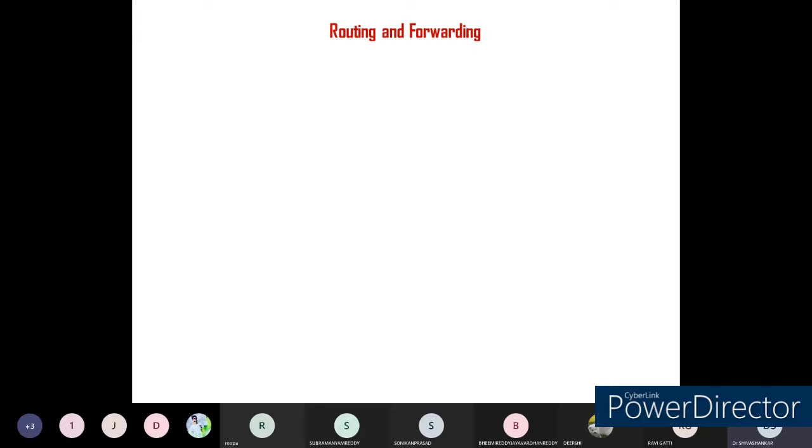For example, if you want to send a message from Bangalore to Mysore, then the routing concept can create a communication path from Bangalore to Mysore using different districts like Ramnagar district, Mandya district, and other districts.